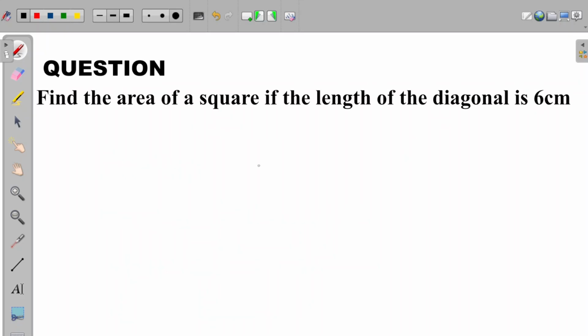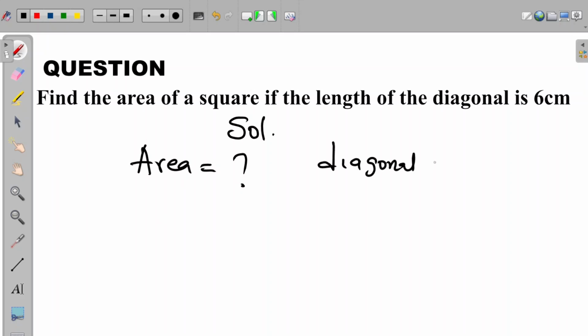Again, let's take up the next question. They said, find the area of a square if the length of the diagonal is 6 cm. Solution. So we're asked to find the area of the square. So the area we're looking for, and the diagonal has been given to us, and the diagonal is equal to 6 cm.